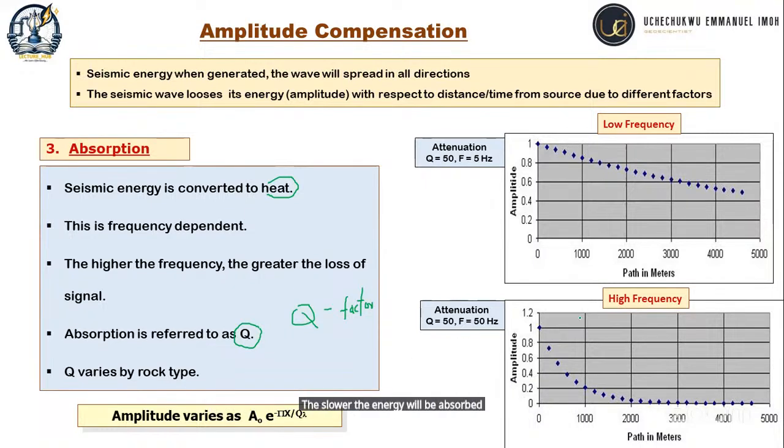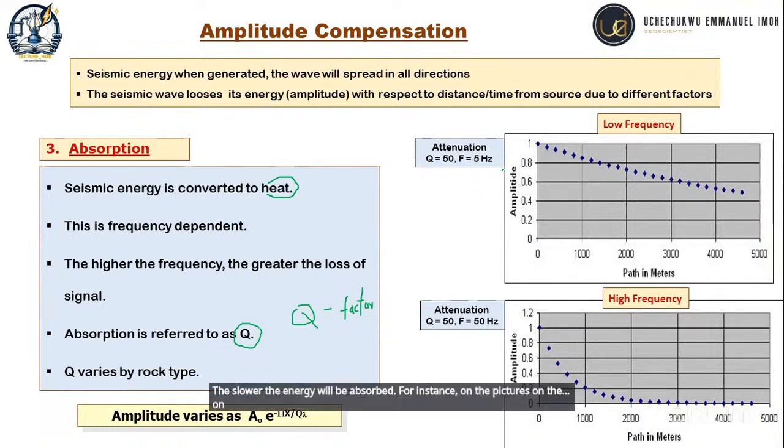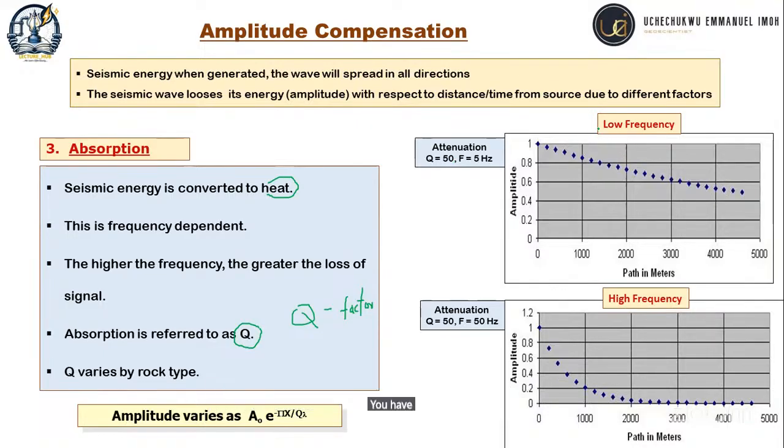For instance, on the images, or the graphs on the right, you have the low frequency on the one on the upper part. So if you generate a seismic wave with an amplitude of 1 decibel at point 0, and let's say the seismic wave is just 5 hertz, which is low frequency, and the Q factor of that rock, let's say it's a sandstone, is 50, for instance.